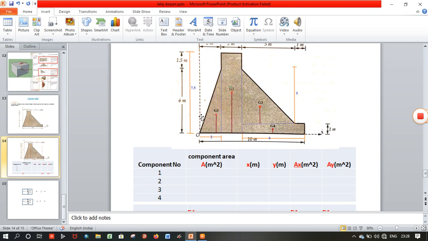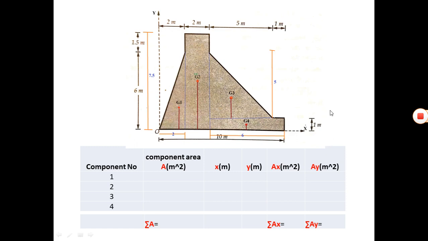It is how much distance from this axis, that is the y-axis, and in x it is how much distance from this axis. If you draw, you can draw something like that.